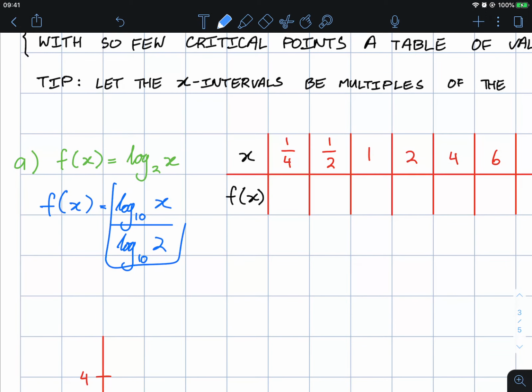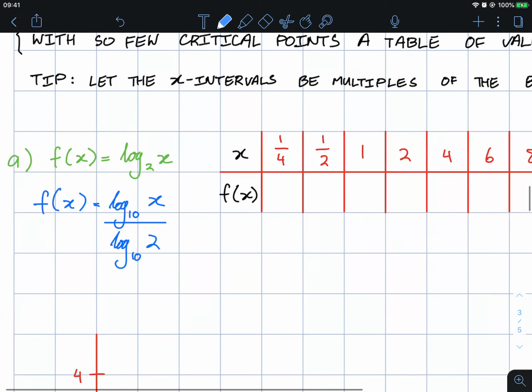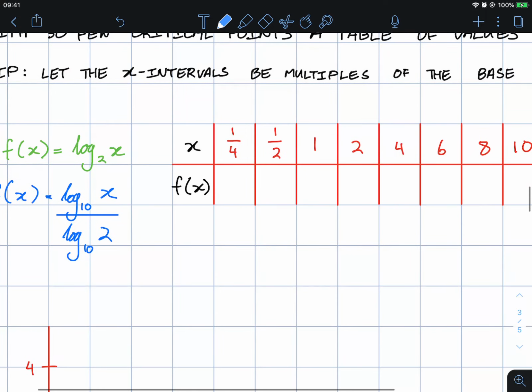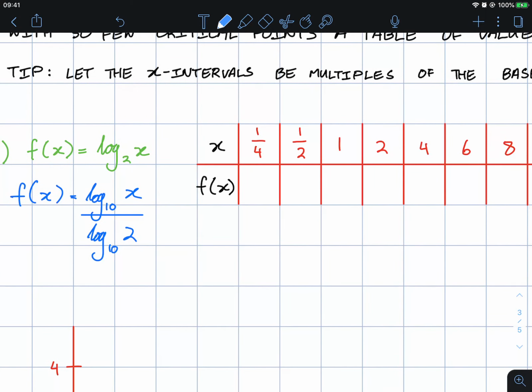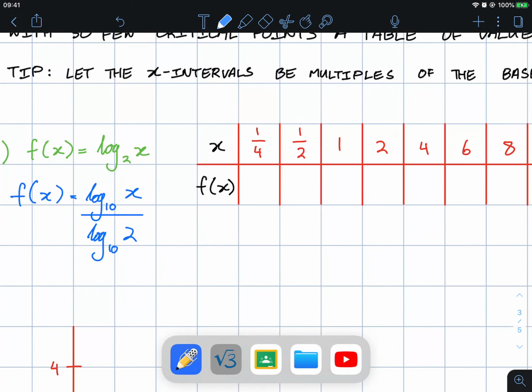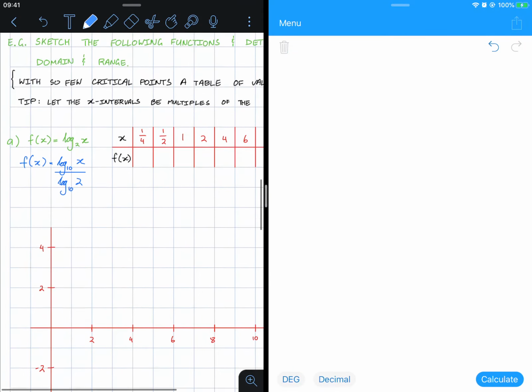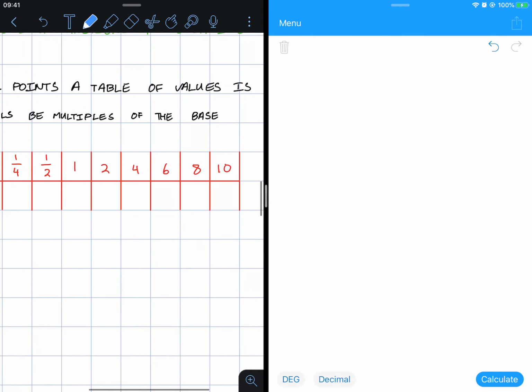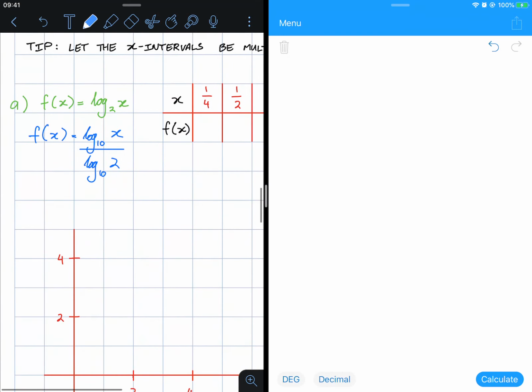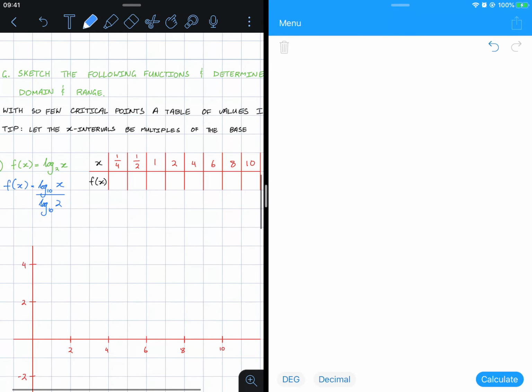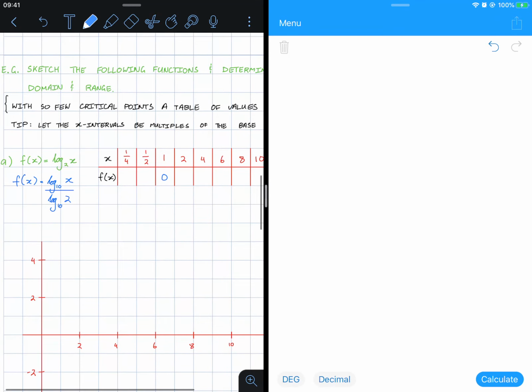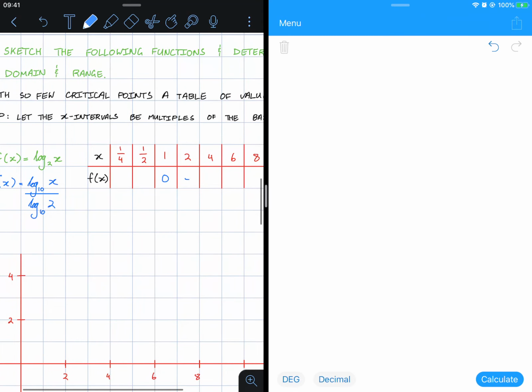So this is the only way we can input values of base 2 into our calculator. So you can work alongside using your calculator. You can check here alongside. I hope you remember log of 1 will always be 0. So now let's start testing these values here.